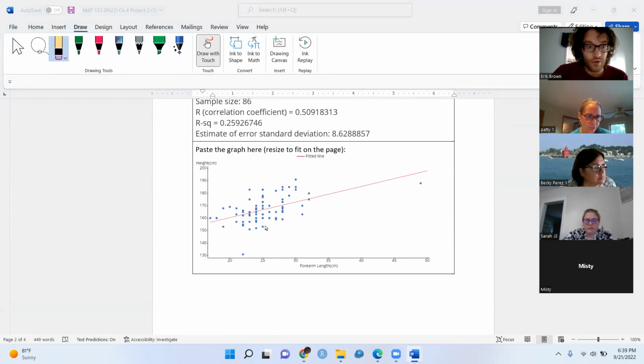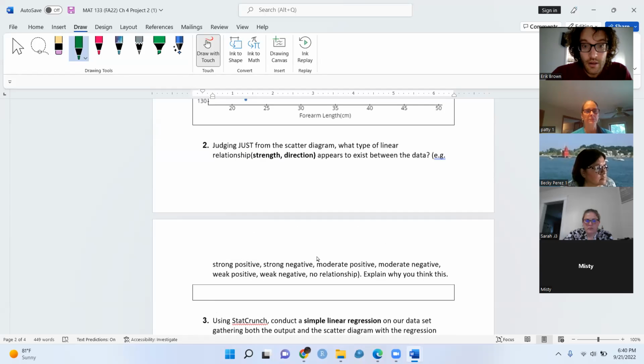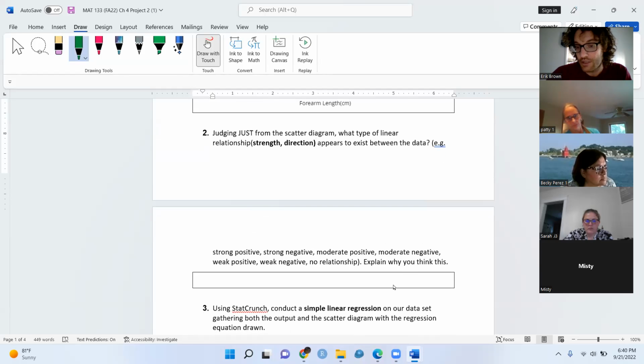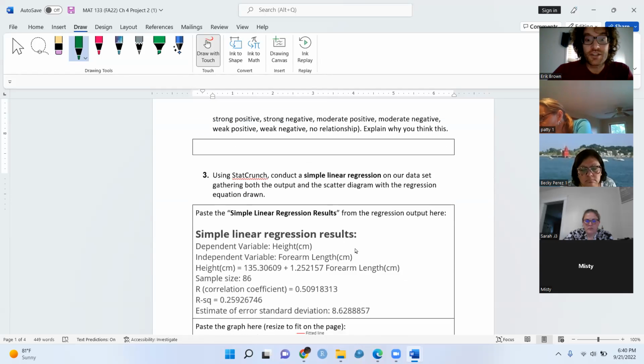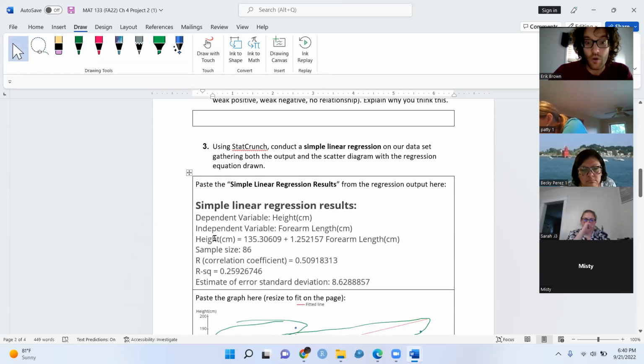And you can see, oh, there's some points here that are kind of far away from the line, and some up here, but then a lot of them are really close to the line. So whatever you said here is fine. Your explanation, oh, the points are close to the line, or the points are kind of spread out. Good. Then we get to, all right, you've got to actually know what you're talking about because here's all the output.